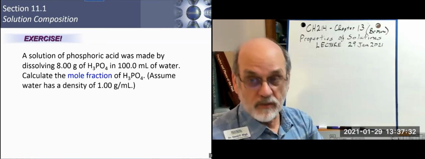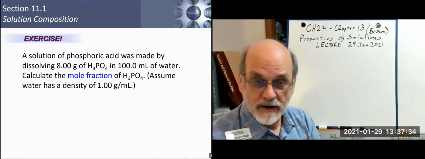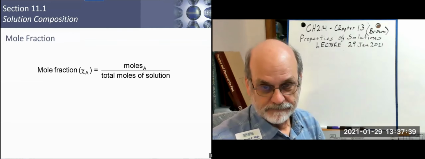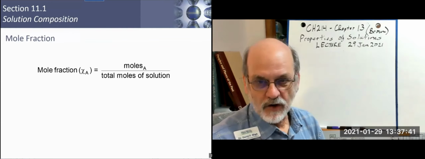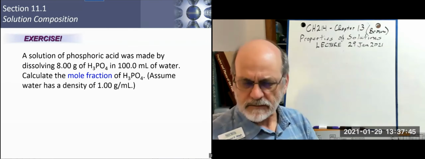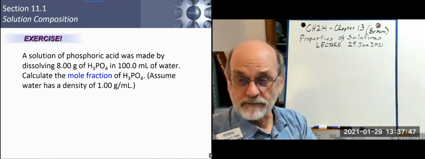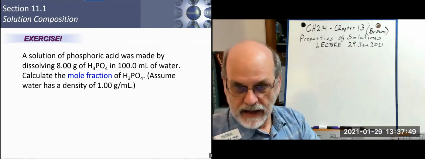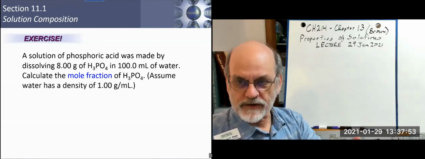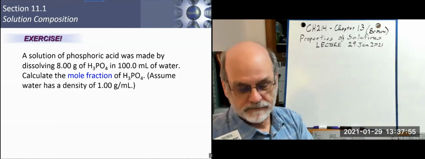We have to assume a certain density for the water and the solution. So moles of A per total moles. So we're going to have to calculate the moles of both of them, water and phosphoric acid. And then to get the total moles of the solution, you just add the two together.